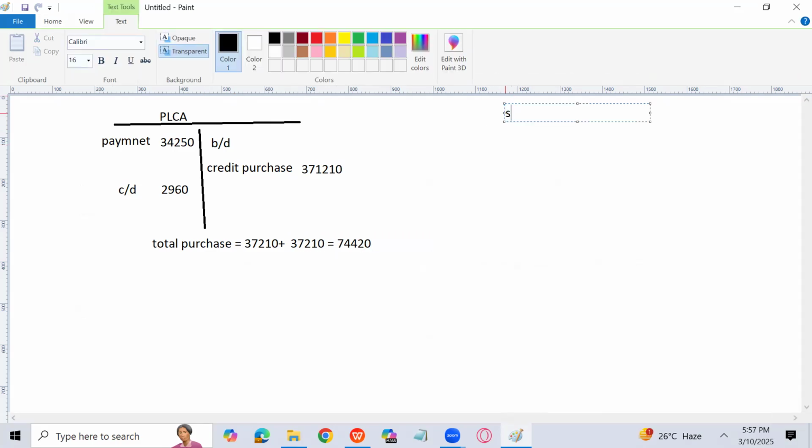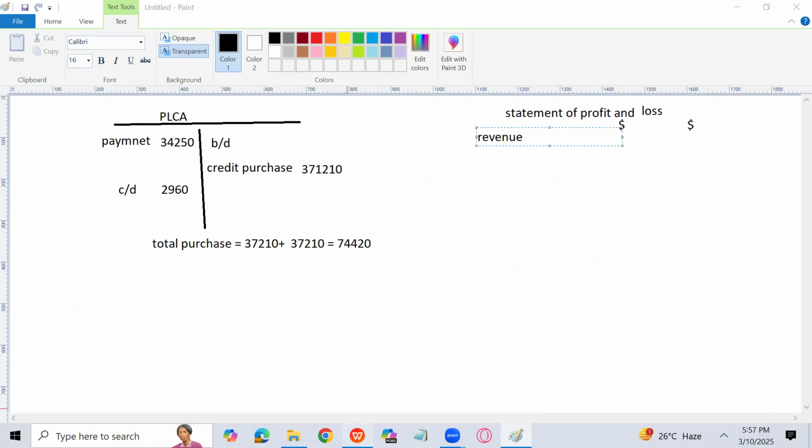Now, the examiner has asked us to prepare the statement of profit and loss, because we have to prepare it to solve this question. This came in May June 24-21, so in May June 2025 you might see the same question in your exams, in variant 22.